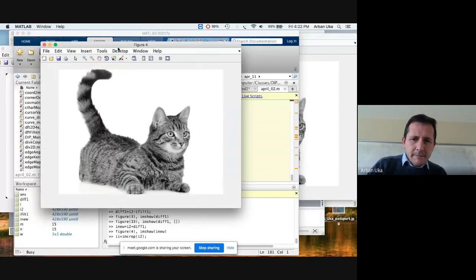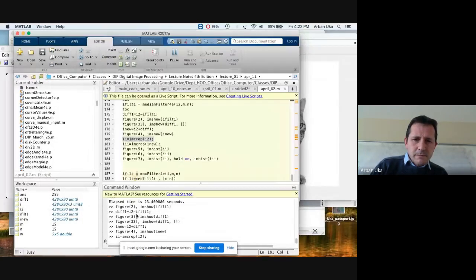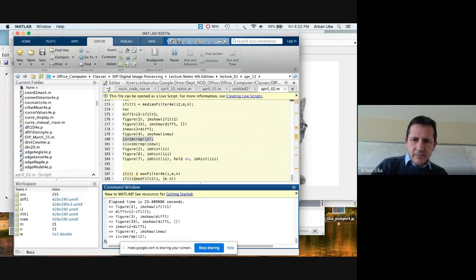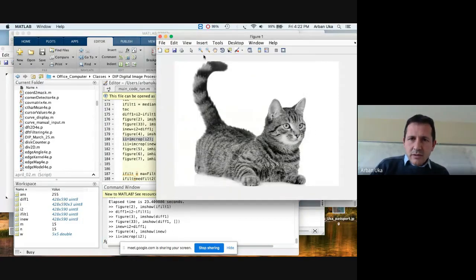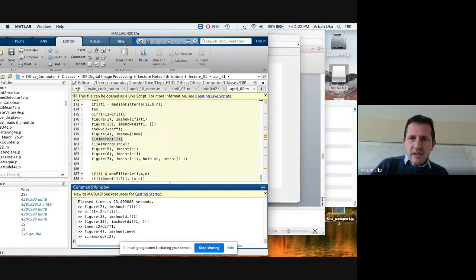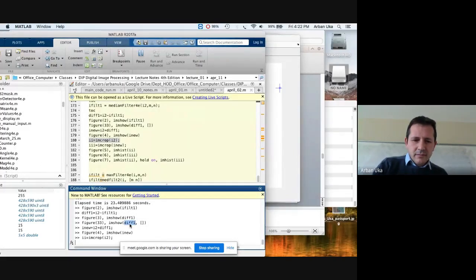Wait a second. I2 is a grayscale, but to me it looks like I'm not getting the I2. Can I try this? I think I have I2 here. I missed it and it won't let me, okay, now I got it.